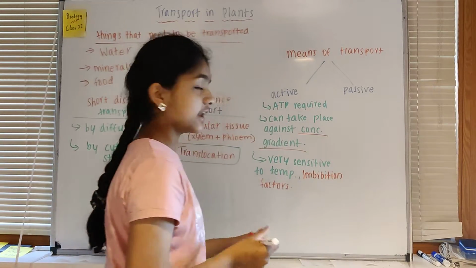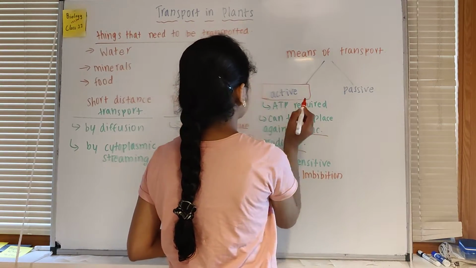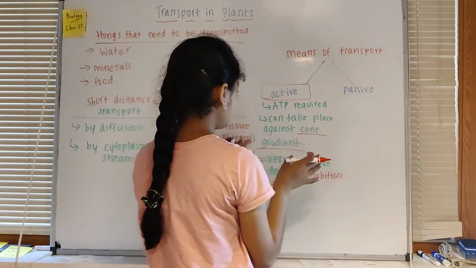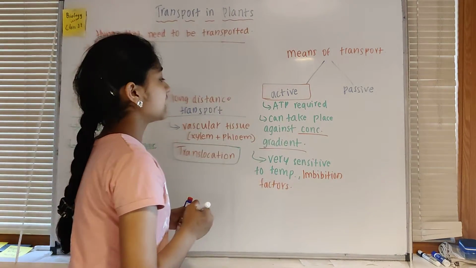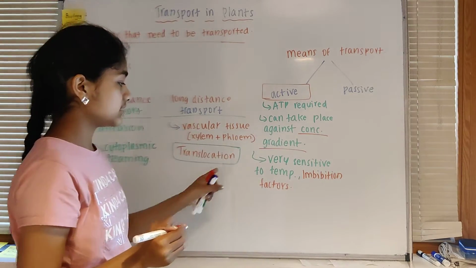We'll learn about inhibition later, but these are the characteristics of the active means of transport: ATP is required, it can take place against the concentration gradient, and it's very sensitive to these factors.